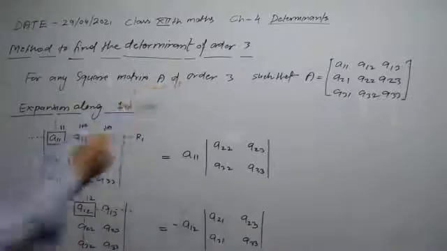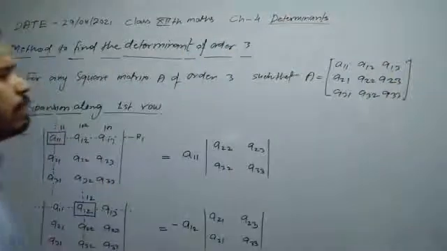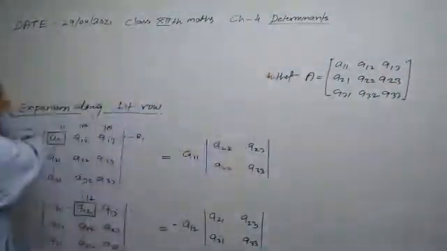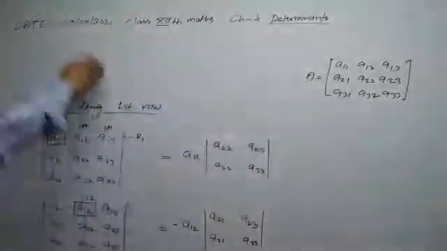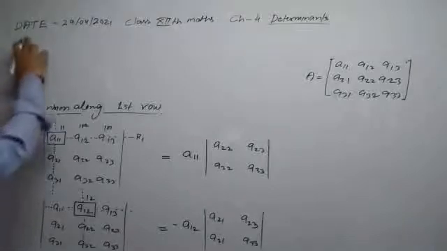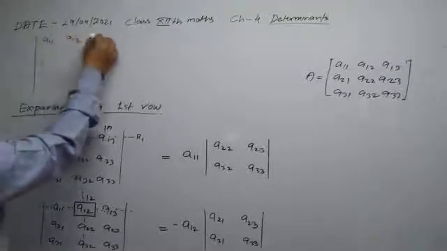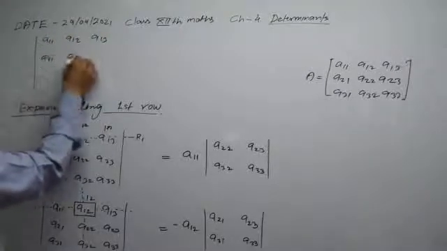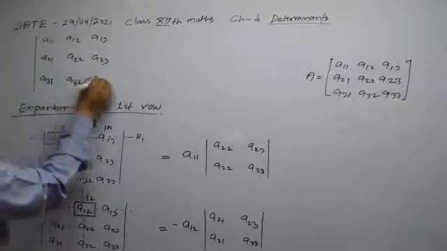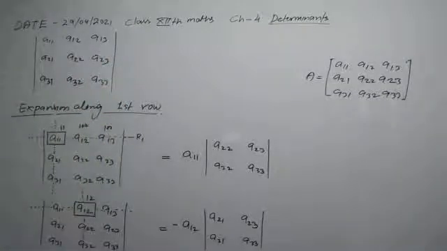Now for the calculation of A13, the third element of first row, that is A13. A13 calculation is here. A11, A12, A13, A21, A22, A23, A31, A32, A33. These are 9 elements.